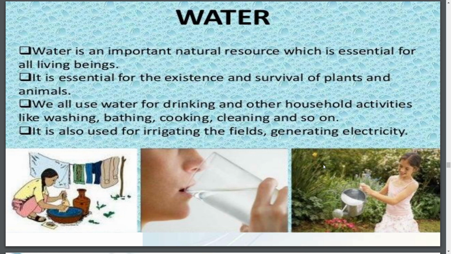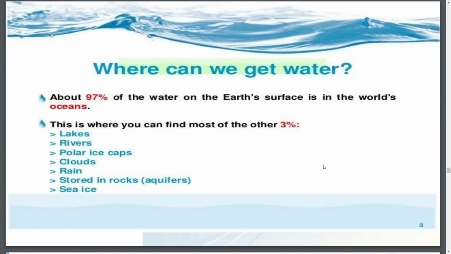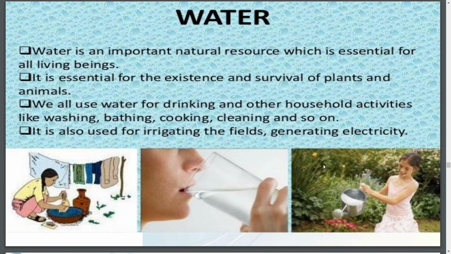We all use water for drinking and other household activities such as cleaning, washing, cooking, bathing, etc. It is also used for irrigation in the fields, and for generating electricity, such as hydro power.